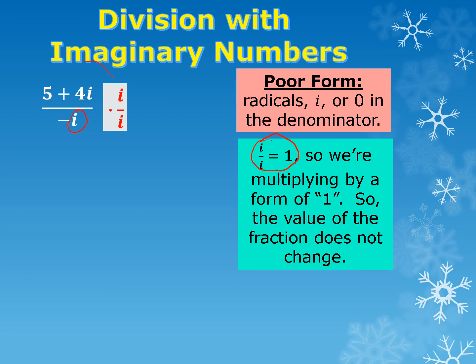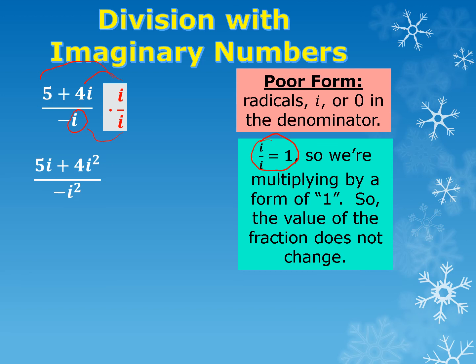So what that means is I'm going to distribute that i to everything in the top. So that becomes 5i plus 4i squared. Now in the denominator, I have negative i times i, which is negative i squared. But wait, i squared is something.